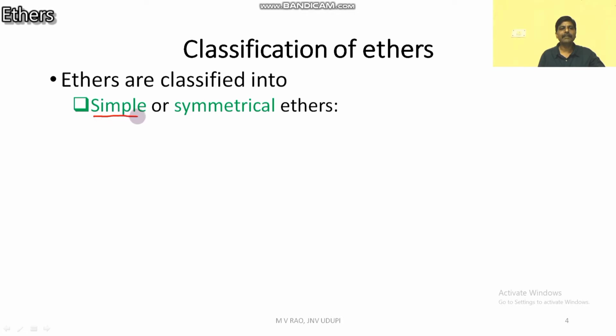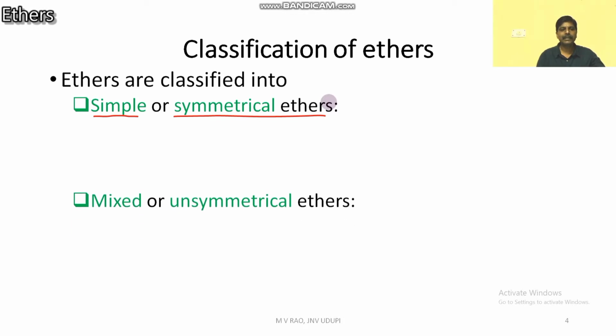First type is simple ethers or symmetrical ethers. Type 2 is mixed ethers. Simple ethers, you can call it as symmetrical ethers also. Mixed ethers, another name is unsymmetrical ethers.